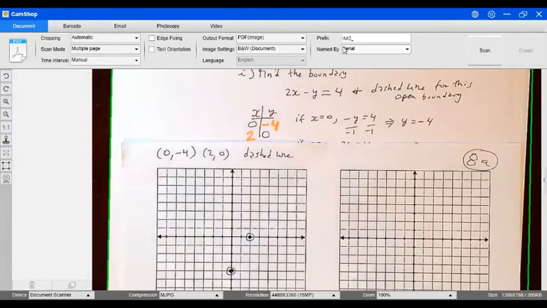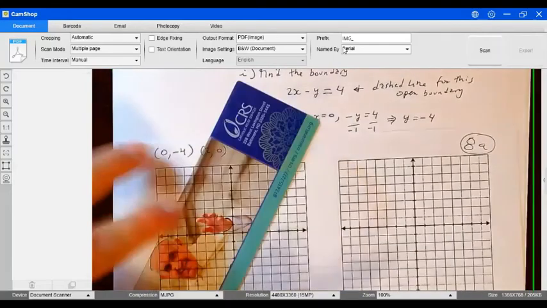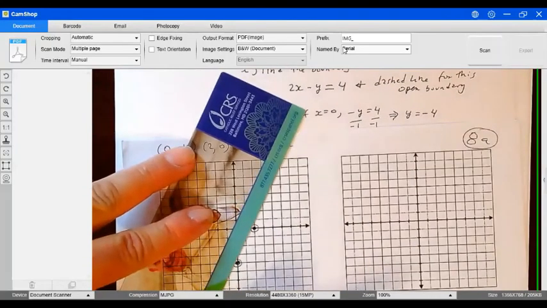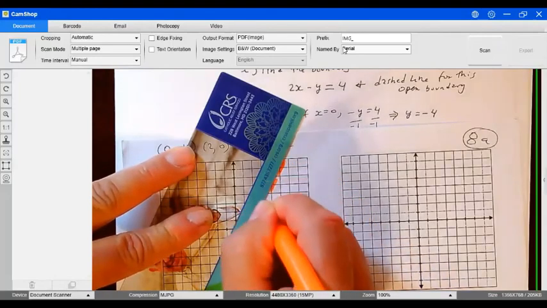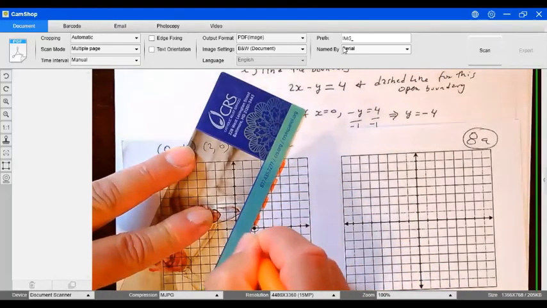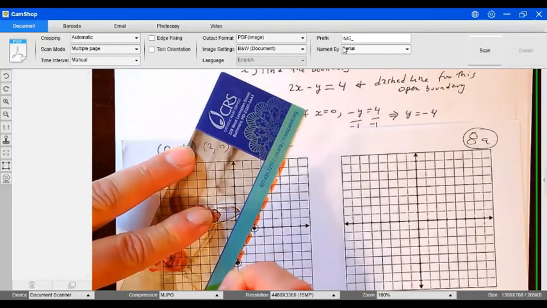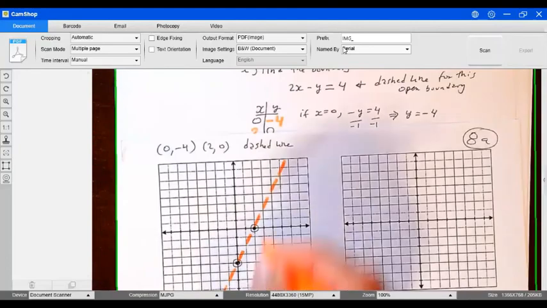The first boundary is open, so I need to draw a dashed line. So you draw a dashed line. So that's the first boundary.